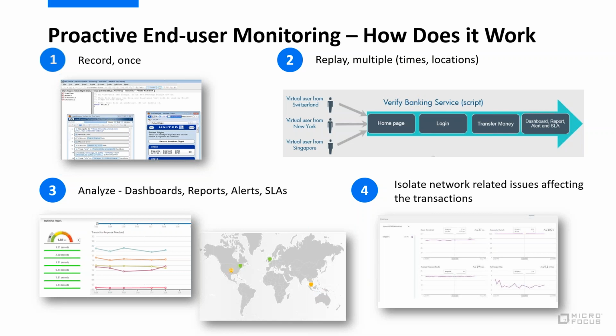Okay. How does it work? First we need to record by using the Fusion tool, and then we need to upload it to APM, and then APM will send it to BPM if you configure it to run on any BPM. So the script will be sent to BPM to run multiple times from multiple locations.